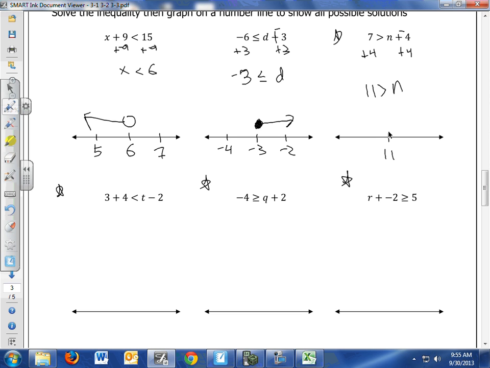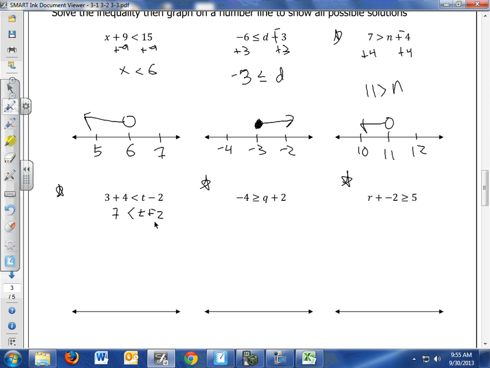Mr. Kobe, which way is my arrow going? To the left. Correct. I read this from right to left. Numbers less than 11. There are my numbers less than 11. Those are my solutions. Next one, I should add the 3 and the 4 first. Same side combined.